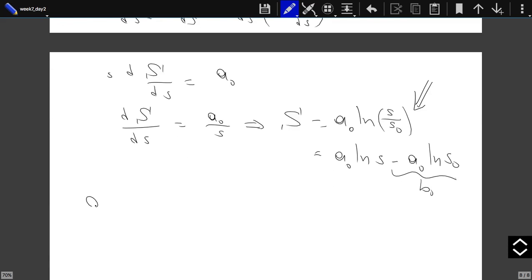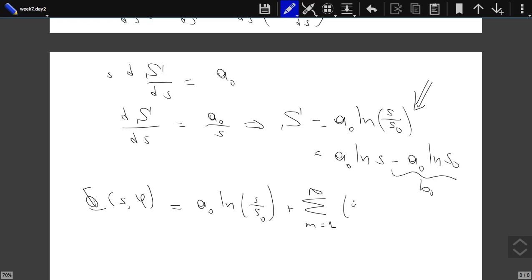The solution depends on s and also on the phi coordinate, but not on the z coordinate. And that is, for m equal to 0, we have a0 logarithm of s over s0, plus the sum over m, let's say from 1 to infinity, of am times s to the power m plus bm times 1 over s to the power m, times cosine of m phi plus delta m.